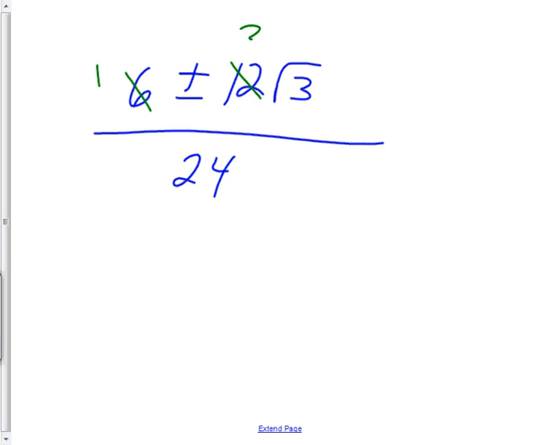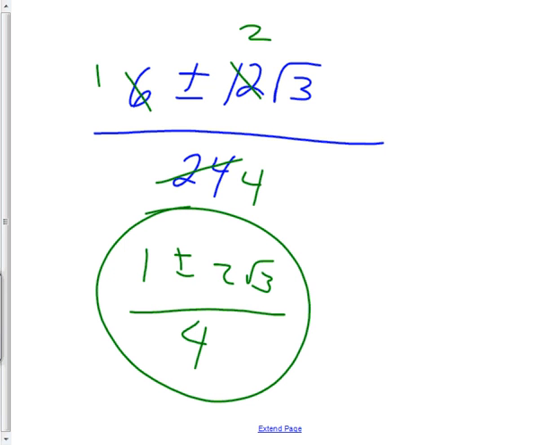Goes in there once, there twice, 4 times, 1 plus or minus 2 root 3 all over 4. And you can leave them like that. What if I had to have the answer as a decimal? Well, then I take my calculator, figure out what the square root of 3 is, and just multiply it out and go 1 plus 2 times the decimal, all divided by 4 equals. So you could do it if you needed the decimal.